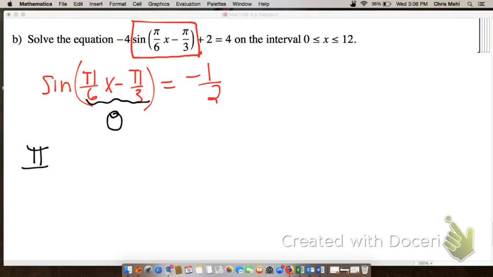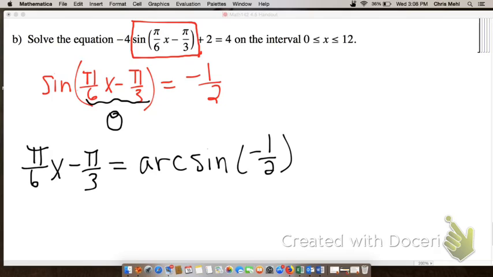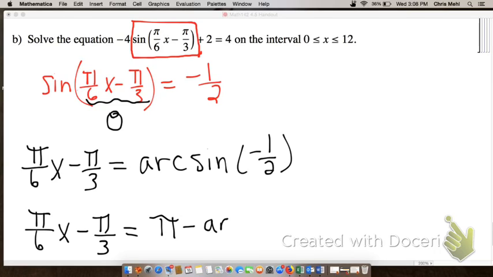Ultimately we want to solve for x, but pi over 6x minus pi thirds is initially given by arc sine of -1/2. And you'll also be able to find a second solution by setting pi over 6x minus pi thirds equal to pi minus the arc sine of -1/2. So that's going to allow us to get two solutions.